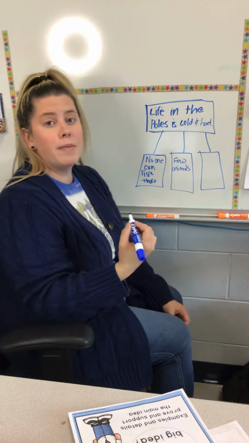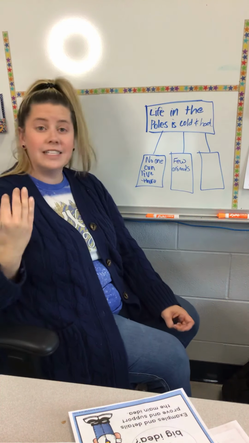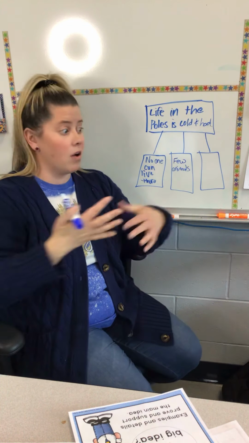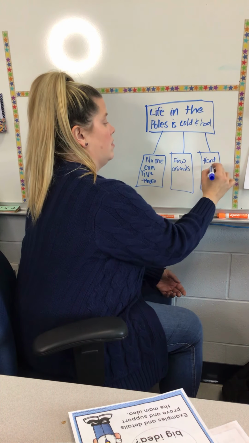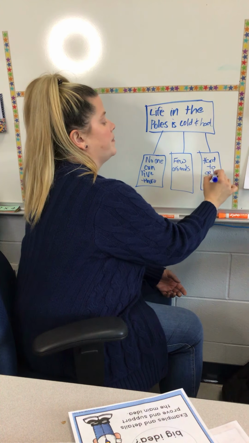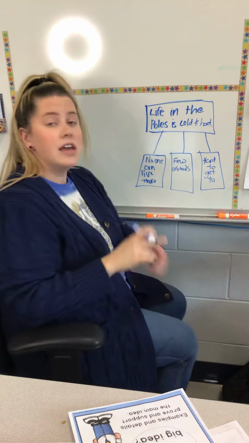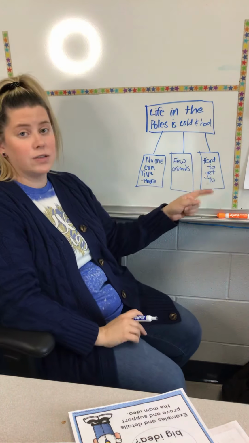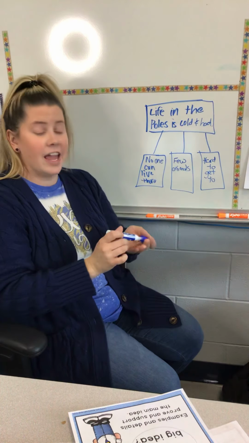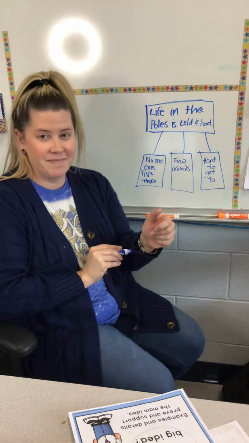And they talk about how hard it is for planes to even get in and out because it's all just white snow, so it's hard to get to. These are my details, and all three of these details support my main idea that life in the poles is cold and hard.